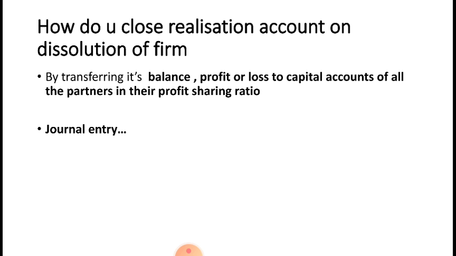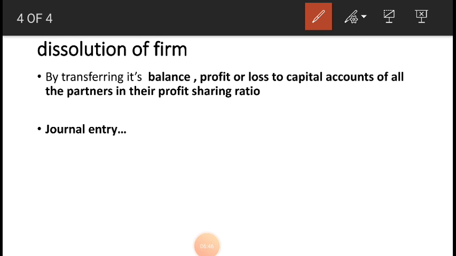Now last one. How do you close realization account on dissolution of firm? Realization account which you are preparing, how will you close it? Only one point: by transferring its balance, profit or loss, to the capital accounts of all the partners in the profit sharing ratio.